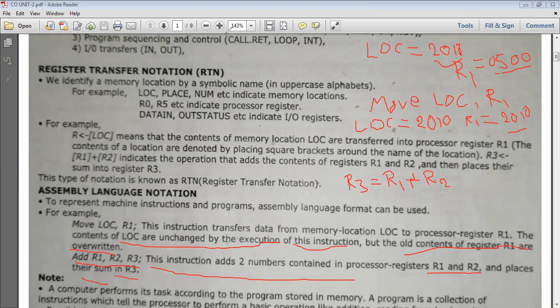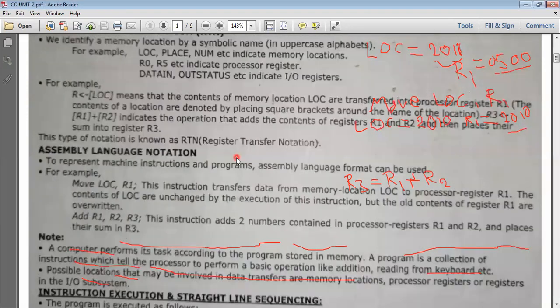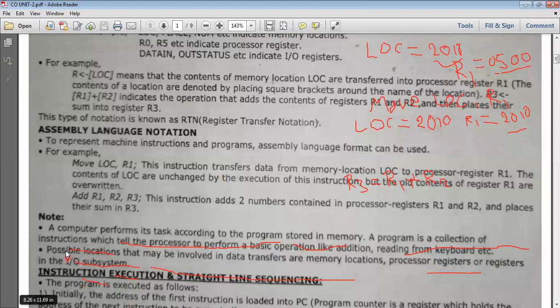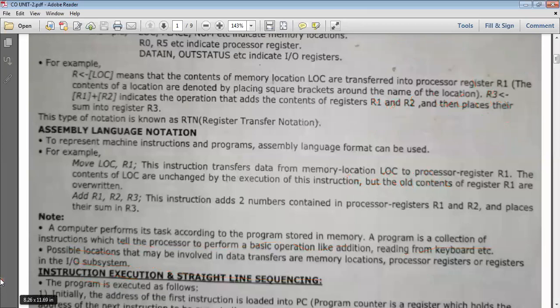A computer performs its task according to the program stored in memory, which is given by the user depending on our requirement.